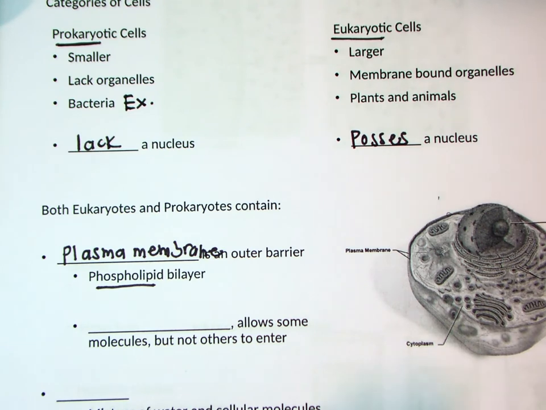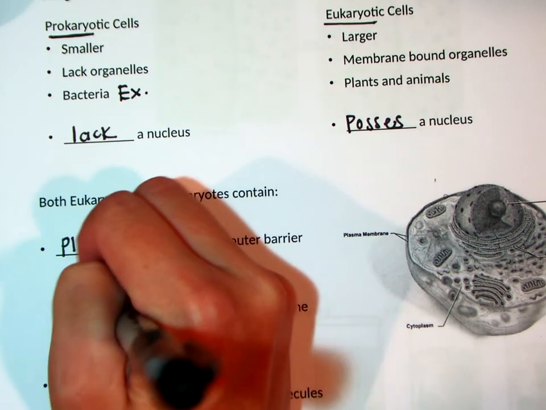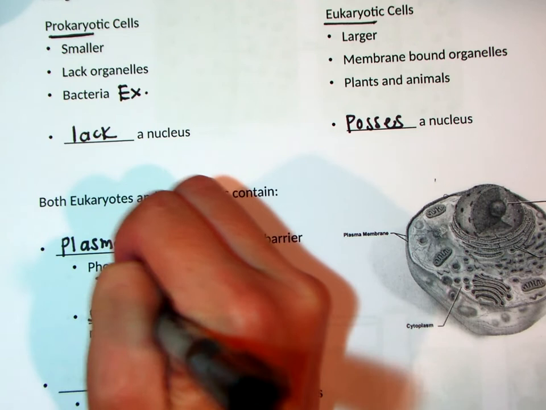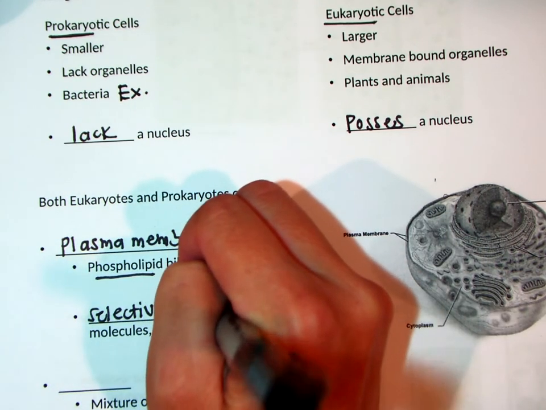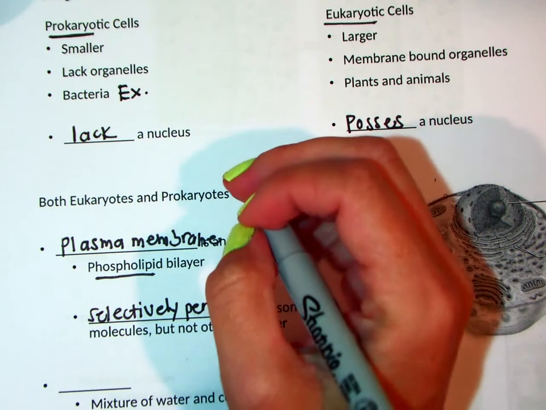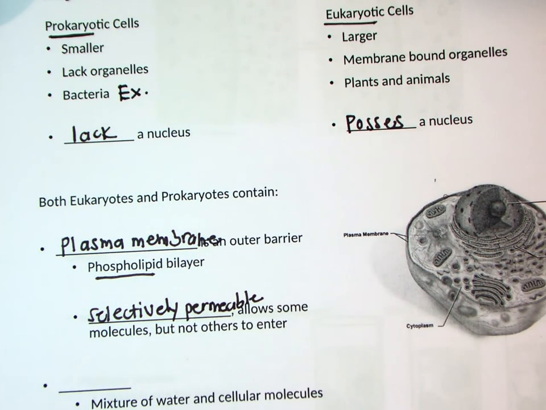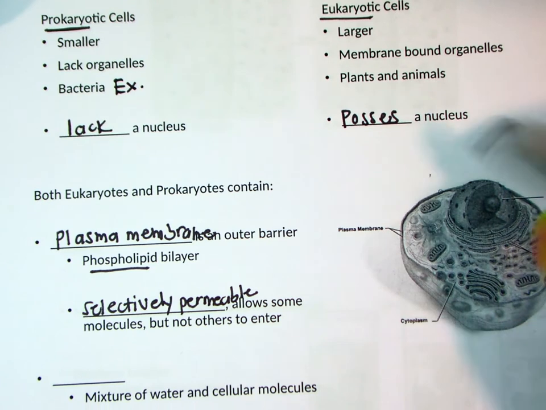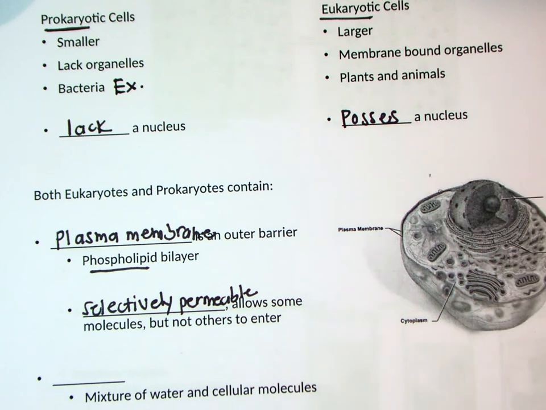And this membrane is selectively permeable, meaning that it allows some molecules to enter, but not others. Essentially, it's controlling what can come into and out of the cell. So that's a very important function.